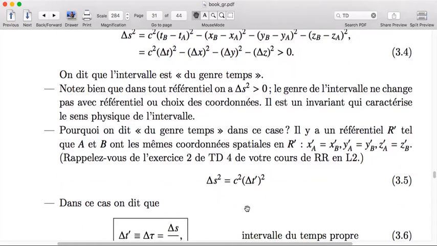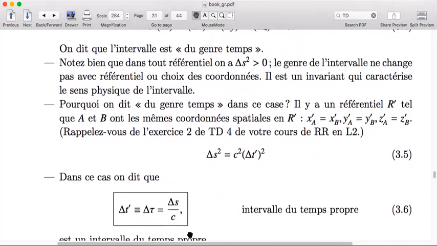In other words, this ds in that case is simply the proper time. You'd have this formula applying, right? The 3.6 follows from the square root of 3.5, and rearranging, you find that this dt prime is just the delta tau.